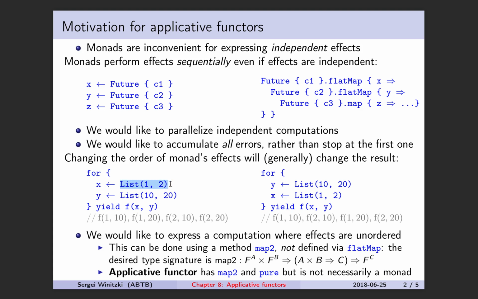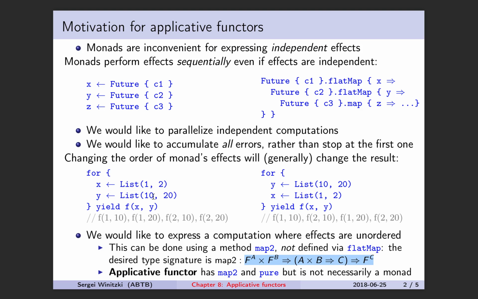We have here two containers, and we compute some function from values that are stored in these two containers, and we put all the results in a new container. So if we just express this computation as a function, that function would have the following type signature.